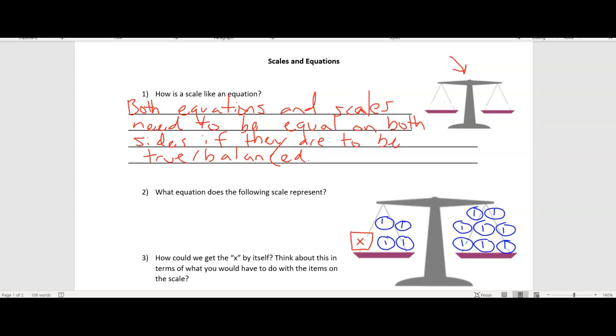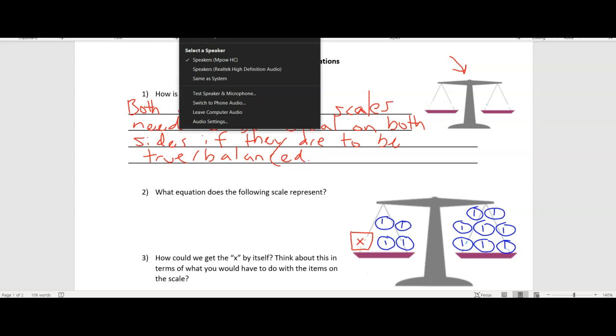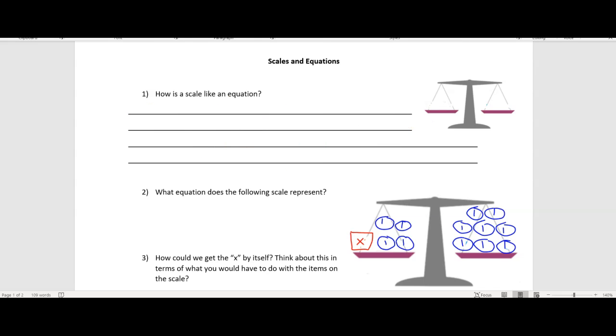So for number 2, it says, what equation does the following scale represent? So we have some x's and we have some units on there. They just each represent 1. So take a minute, see if you can write the equation that that scale represents.